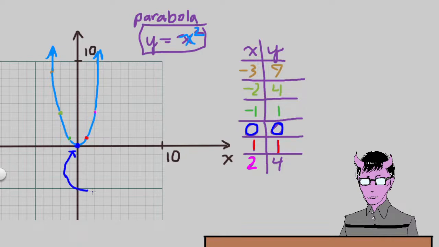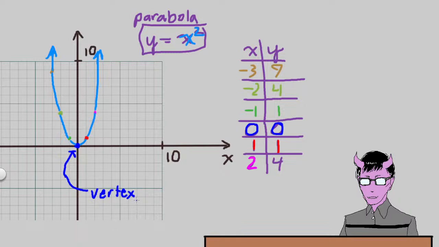You're going to see this word a few more times. So the vertex is basically the lowest point of this particular graph. In other types of parabolas, it could be the highest point, but it's either the highest point or the lowest point, or the turning point of your graph, of your function. It might be best to think about it as a turning point for your function.